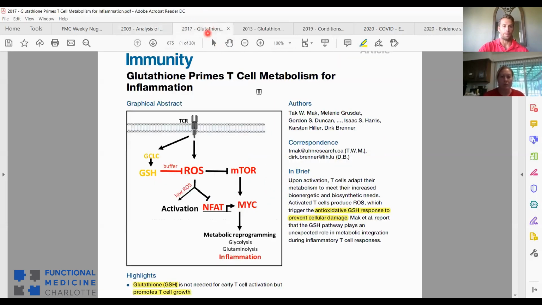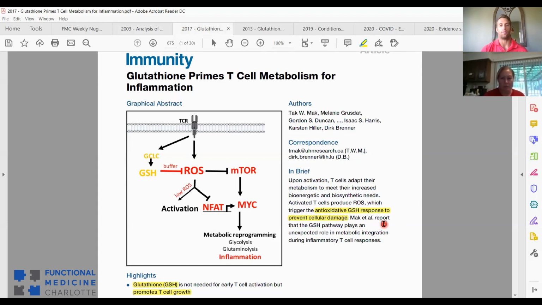Next study. This is in the journal Immunity, and it's a cool picture if you're a nerd like me, but the take home is that glutathione is an antioxidant. So when your T cells, which are the cells in your adaptive immune system that are seeking out COVID, or seeking out cells that are infected with COVID to kill them, kill infected cells by creating what are called reactive oxygen species or free radicals.